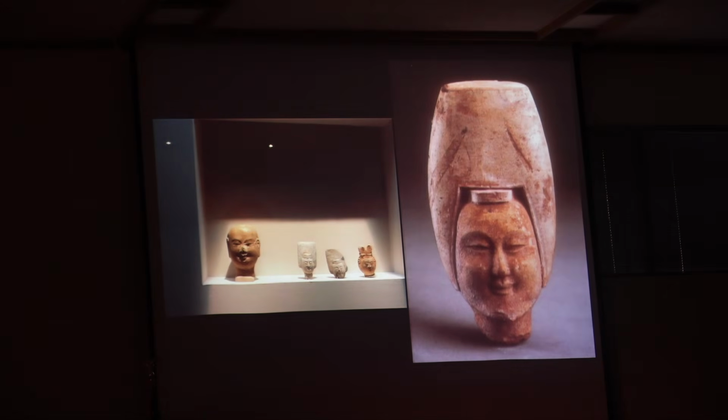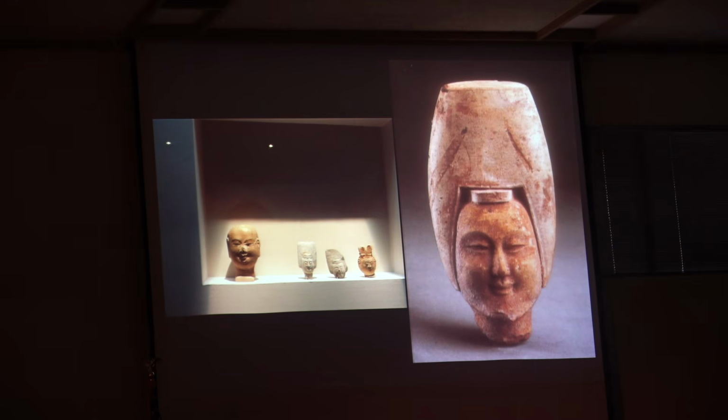And so I bring this in because it's the other evidence that really confirms what we're looking at. On the right is a head from the Yongning Monastery that you see in one of the museums in Luoyang, one of the many museums in Luoyang.